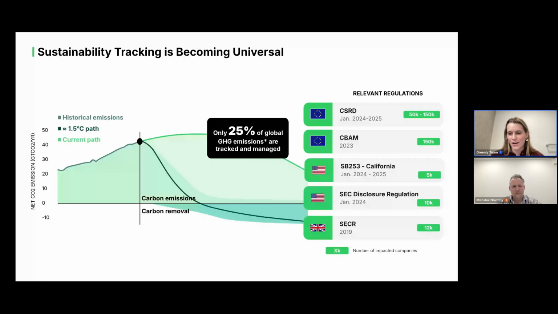To start with, we're really in this situation of sustainability and carbon tracking becoming mainstream and universal, and this forever evolving regulatory landscape. I've cited here some of them. I'm sure a lot of you know about the CSRD, but CBAM is definitely having a similar impact in terms of number of companies that are impacted.